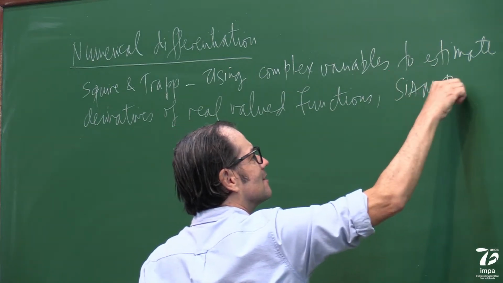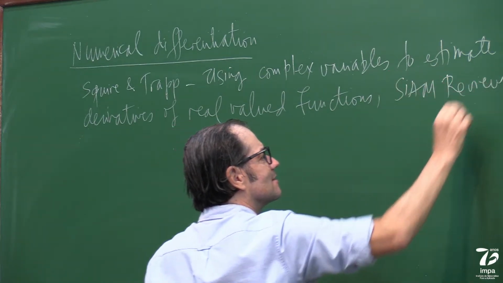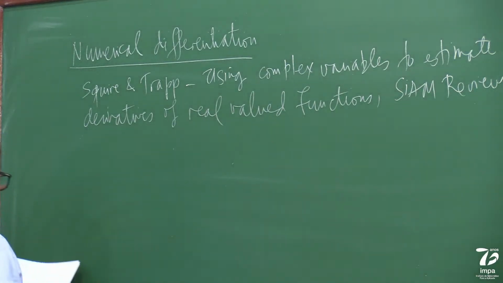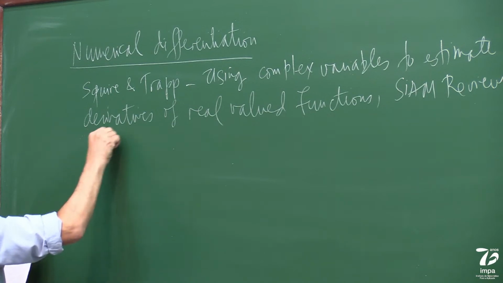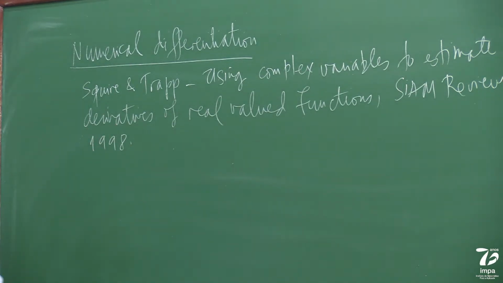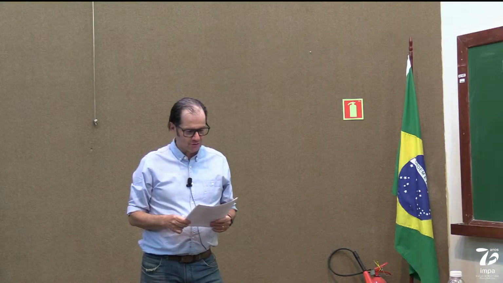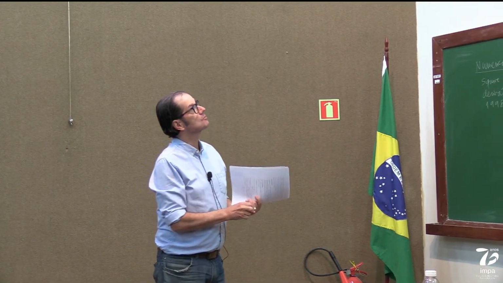This is SIAM Review, 1998. It's some time ago, and it's a method I found very interesting, and it's not well known. So it's good to see how complex variables come in, again, to help us compute derivatives. So here's the paper.